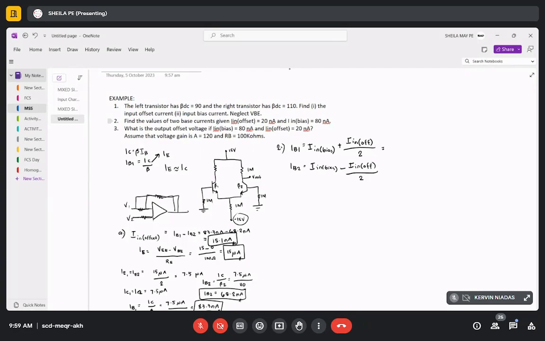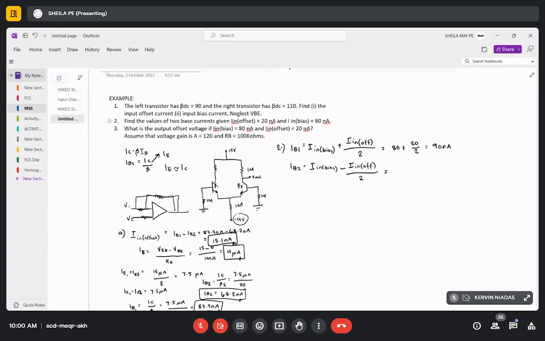Okay, so for IB1, do we have our input bias current? That would be 80. Input offset current, which is 20, divided by 2. That's 10 plus 80, that's 90 nanoamperes.